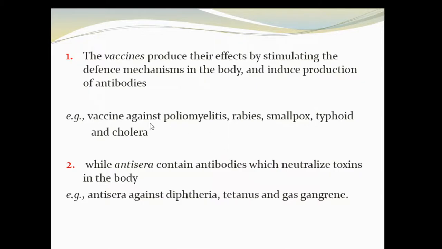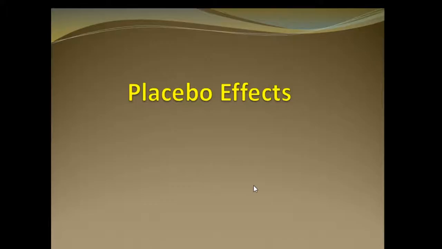Examples are vaccines against poliomyelitis, that is polio vaccine, rabies vaccine, smallpox vaccine, typhoid and cholera vaccines, while antisera contain antibodies which neutralize toxins in our body, like antisera against diphtheria, tetanus, gas gangrene, etc. These antibodies will enter our body and block the toxins. So their mechanism is either by production of antibodies or by binding to the toxins with the help of antibodies.